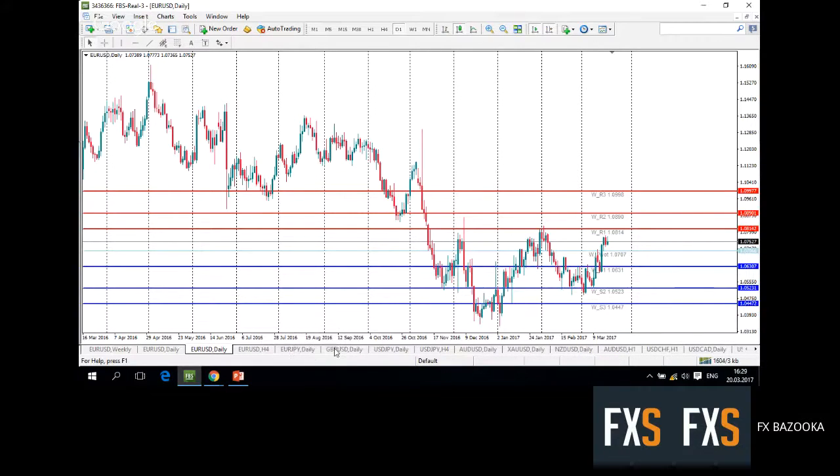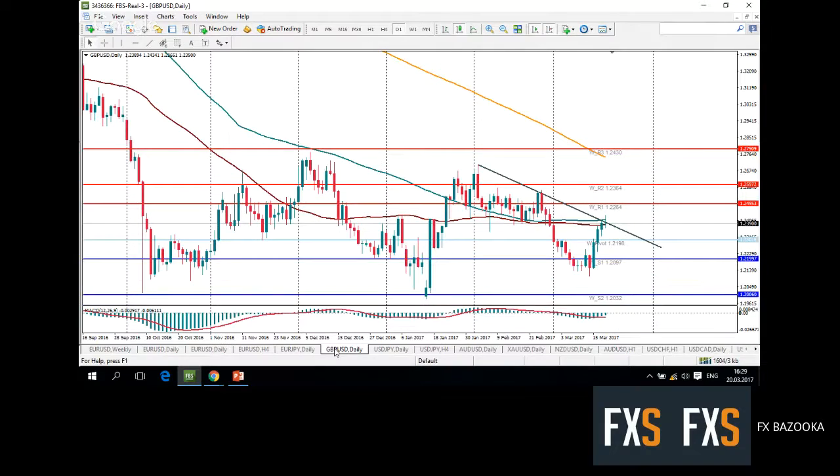As for the British pound, here we are. The pair has managed to show some advance during the past week.